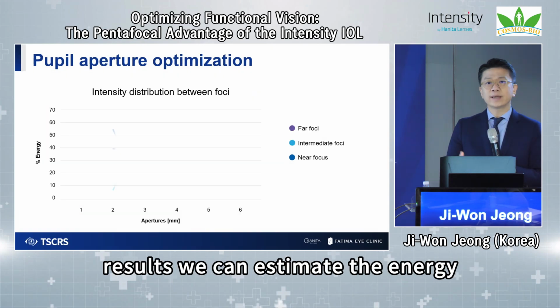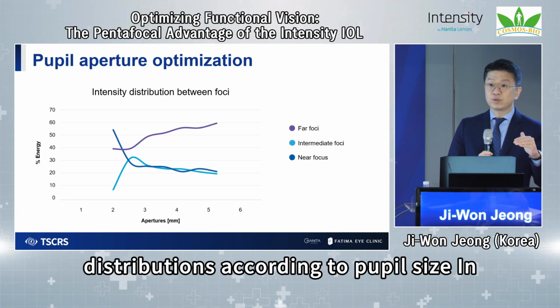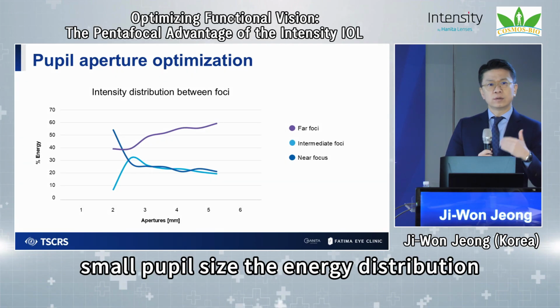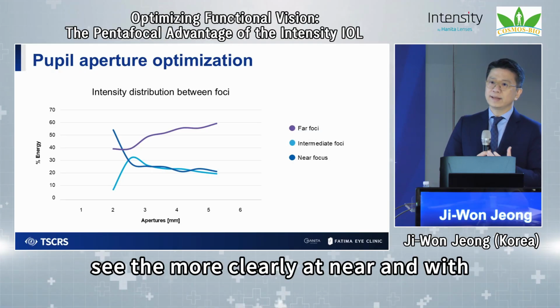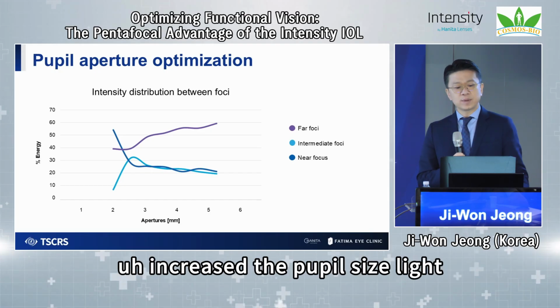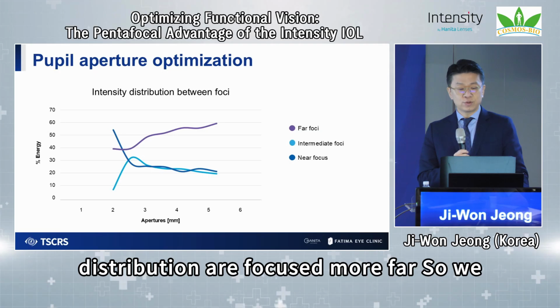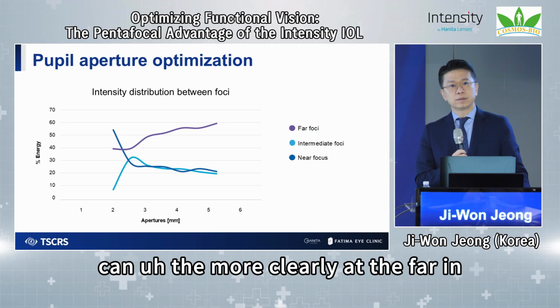With these results, we can estimate the energy distribution according to pupil size. In small pupil size, the energy distribution is more concentrated for near, so we can see more clearly at near. And with increased pupil size, light distribution is focused more on far, so we can see more clearly at far in mesopic conditions.